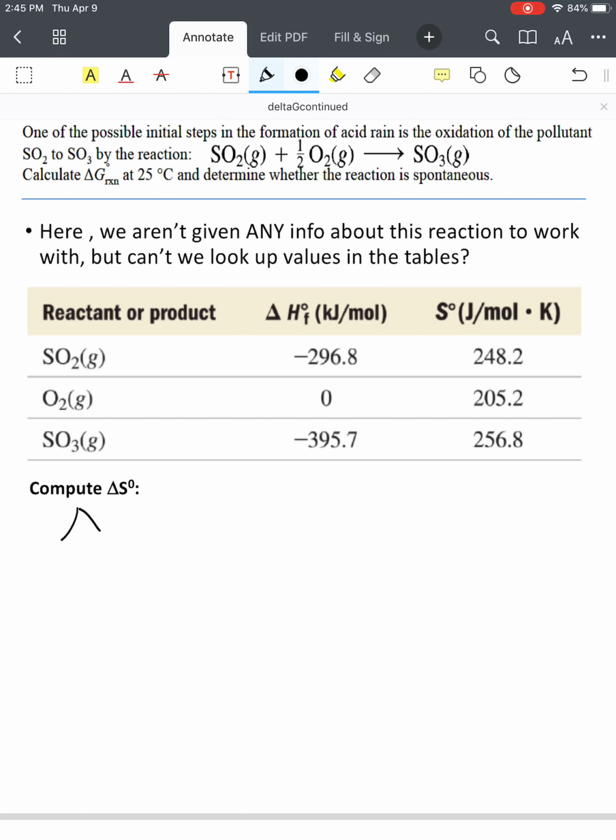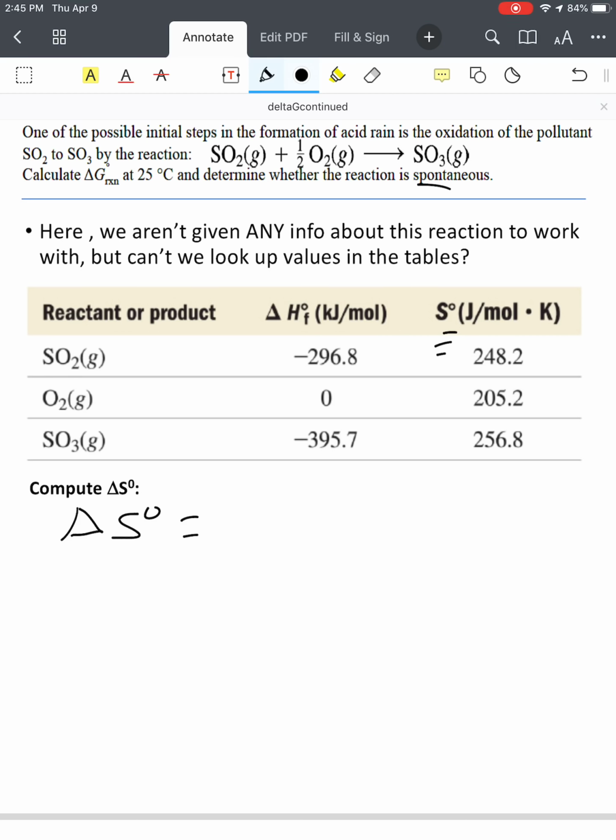Now, do we remember the rule to do that? We actually talked about that 2 lectures ago. It was, again, one of these summation rules, products minus reactants. So we actually do exactly the same mathematical steps, just using our entropy change instead of our delta H like we just did. So we look back at the same reaction.